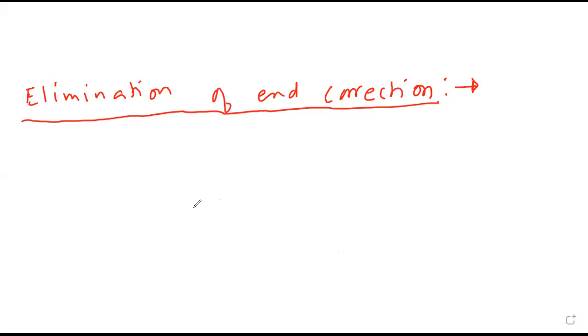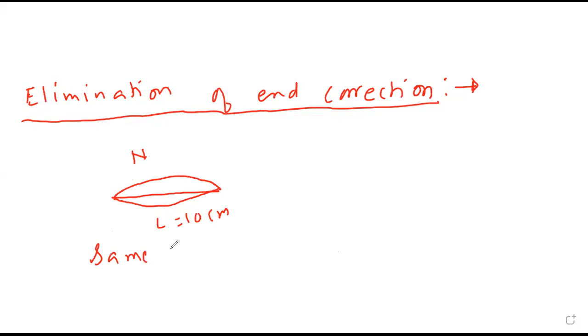See, suppose one loop is formed and we are getting resonance with tuning fork. This length is 10 centimeter. What is meaning of resonance? Same frequency.